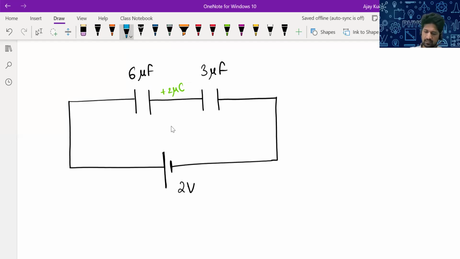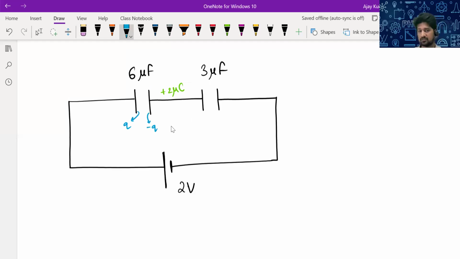Let's say charge on the inner face is Q here. Then it has to be minus Q here. There is no other choice. The flux emerging from one plate should terminate on the other plate because these are conductors. So on the inner surface, if you assume the charge to be Q, then on the inner surface here it has to be minus Q.